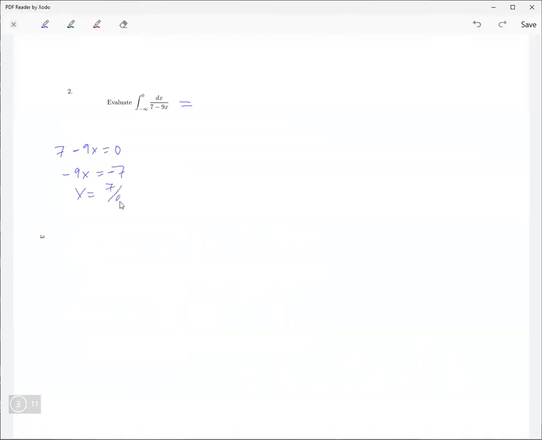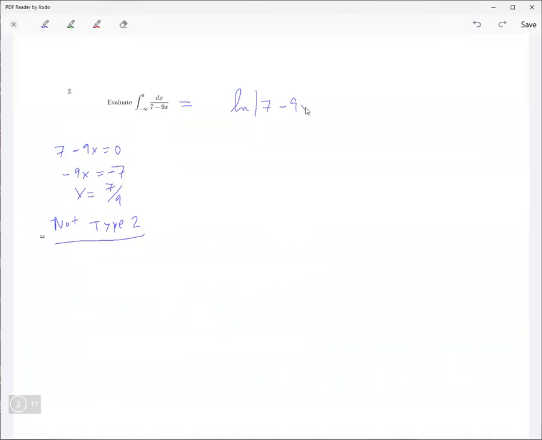X equals 7 over 9, and that's not in the interval. Okay, so this interval is fine. So this is continuous on the inside, so it's not type 2. It's only type 1. So just go ahead and take the integral.